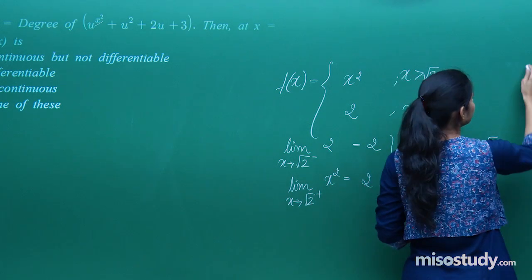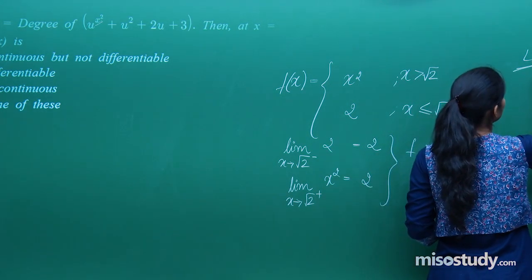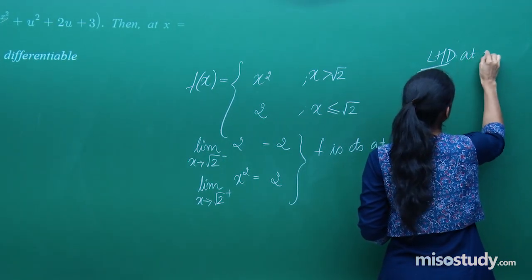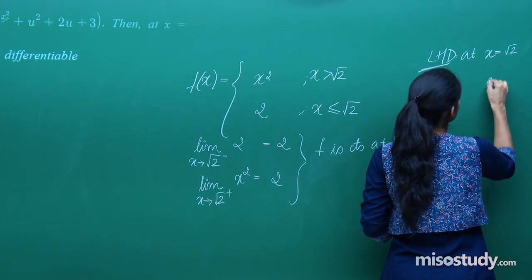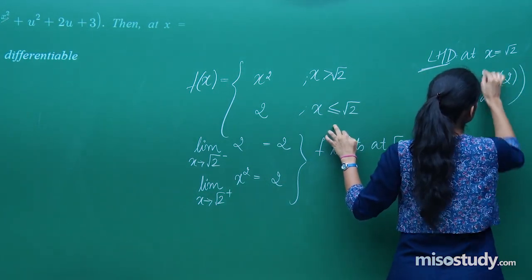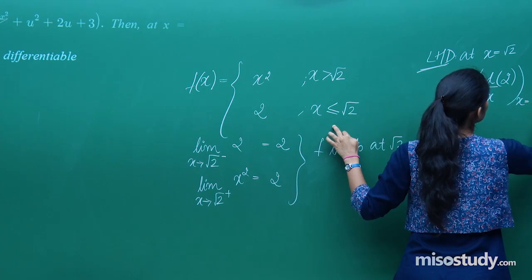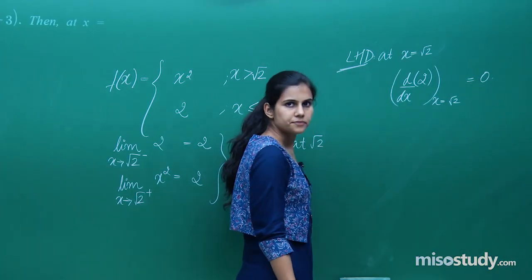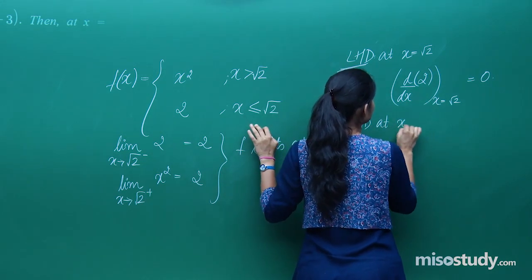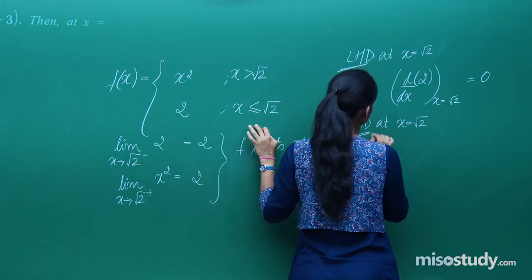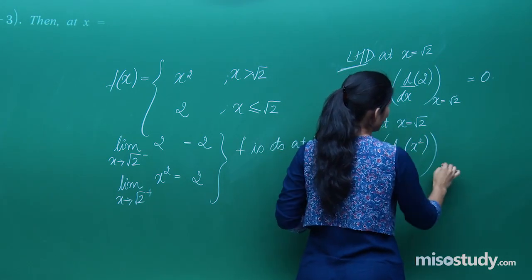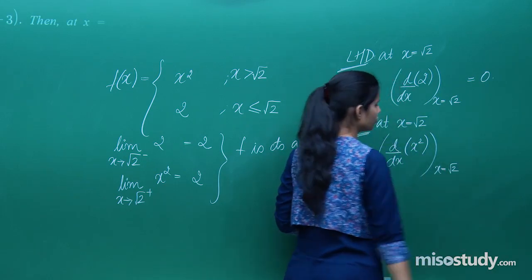What about the differentiability? Left hand derivative, what do we have over here? Left hand derivative at x equals root 2, it means d by dx of 2 at x equals root 2, this is nothing but 0. And right hand derivative at x equals root 2 is d by dx of x square at x equals root 2.